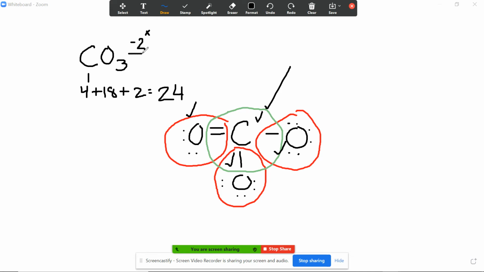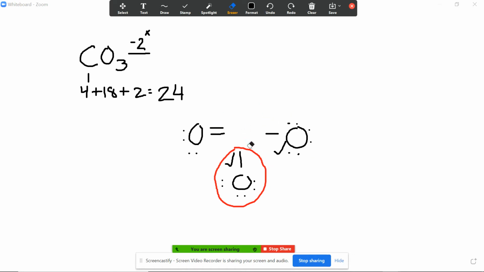The reason we have a -2 charge here is because we have 2 unsatisfied oxygens. So I'm just going to erase my circles real quick. If we are looking at our oxygens, what we are going to see is that one of our oxygens has a double bond.